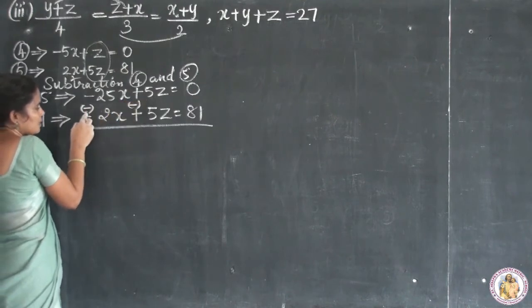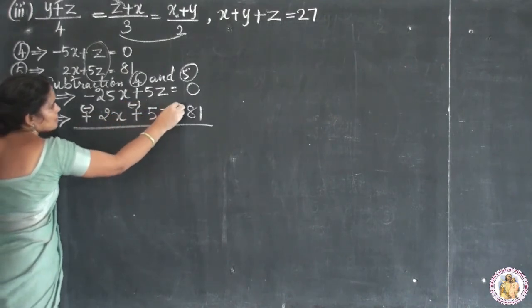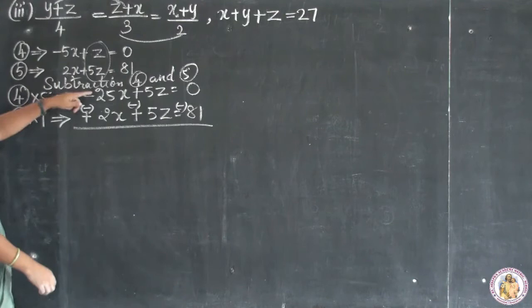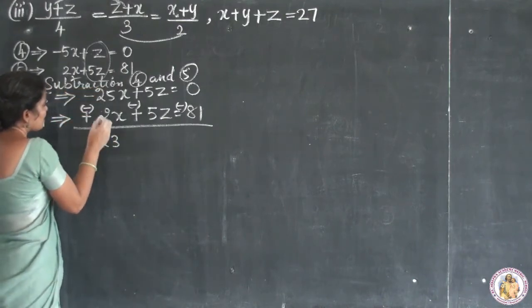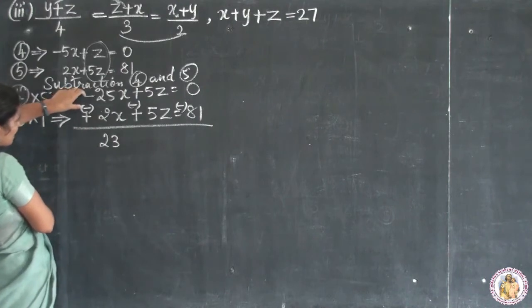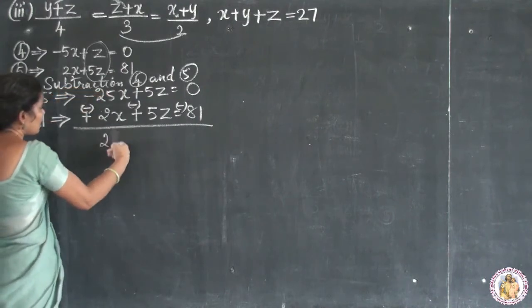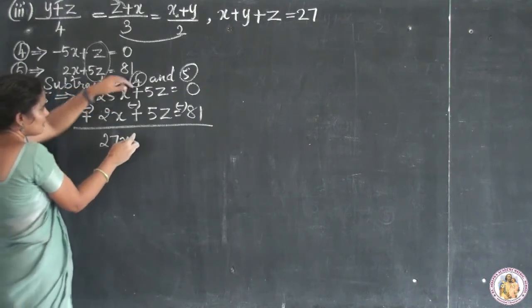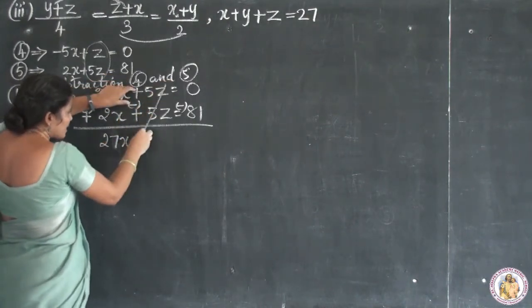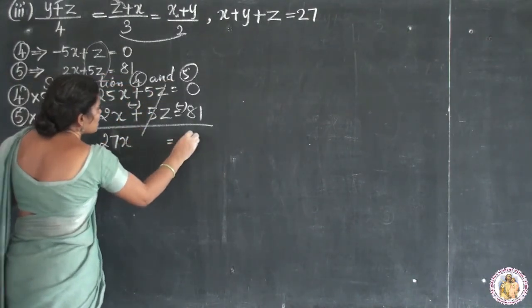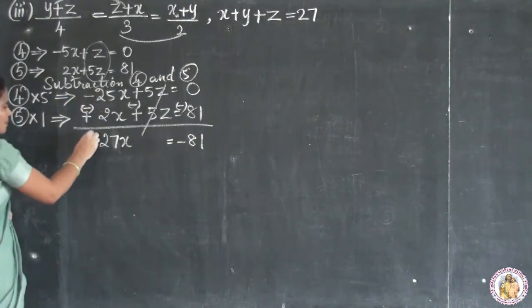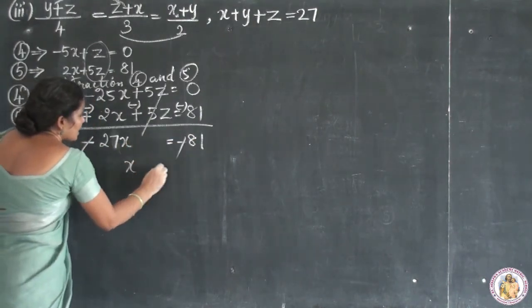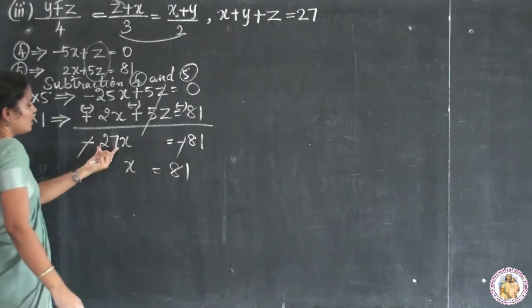If it is plus, give minus. 25 minus 2 is 23. Here we have same sign, so 25 plus 2 is 27x. Different sign, cancel, is equal to minus 81. Same sign, use minus. Minus minus cancel, 27x is equal to 81.